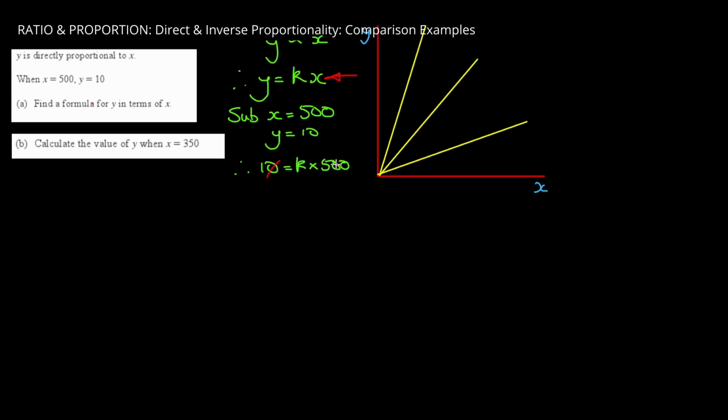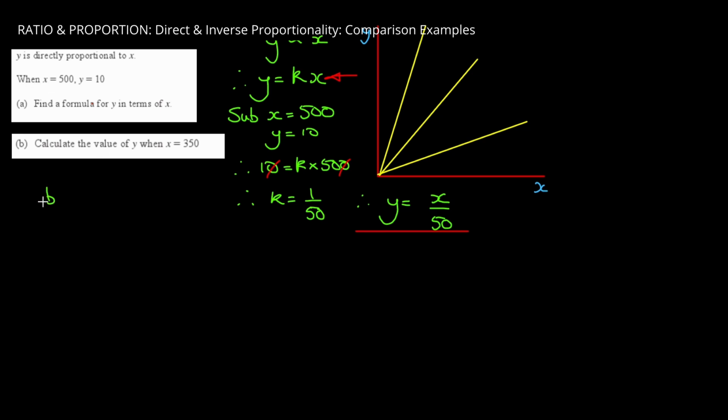Straight away, 2 of those noughts will go, and therefore k is equal to 1 over 50. So my equation completed now is that y is equal to x over 50. And that's the answer to part A.